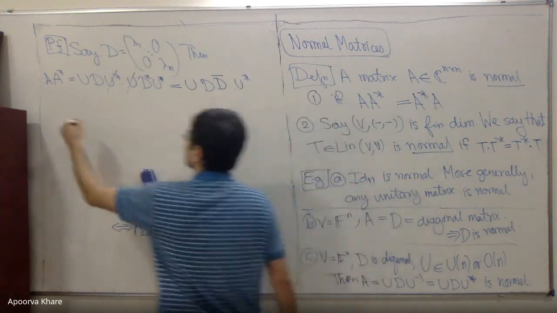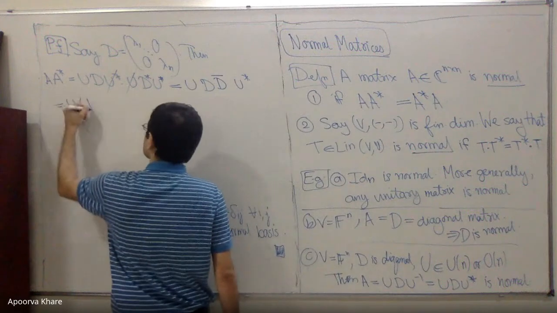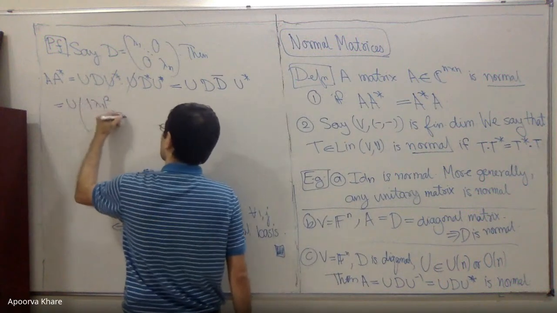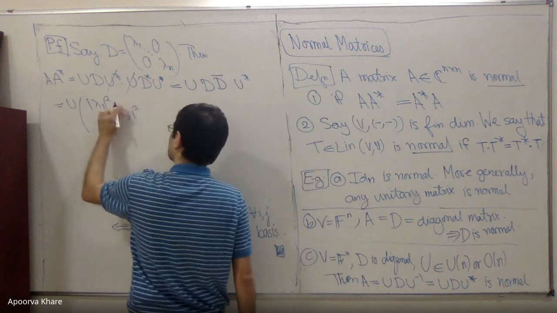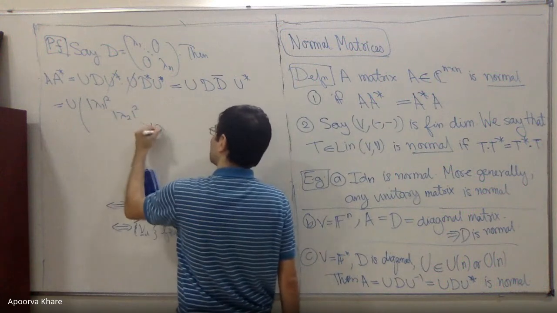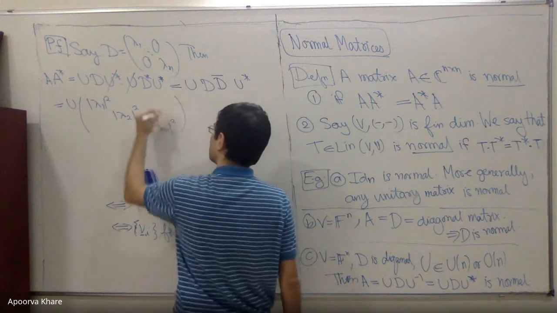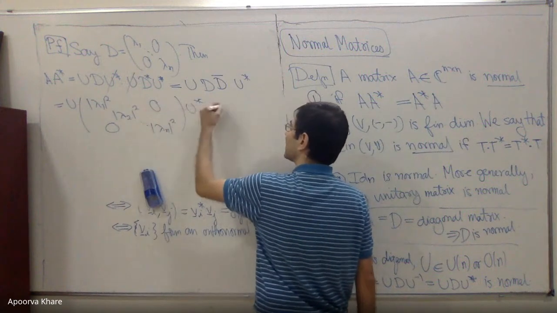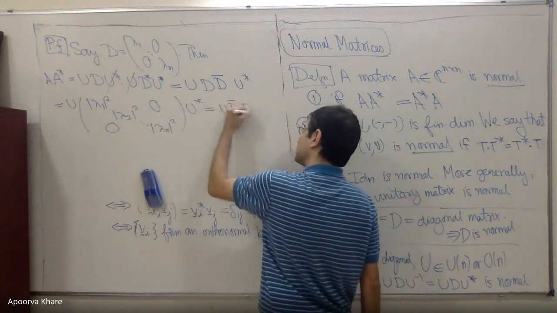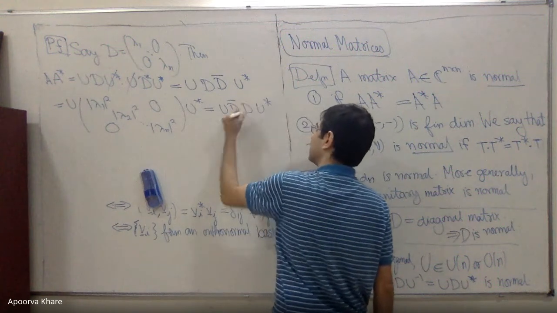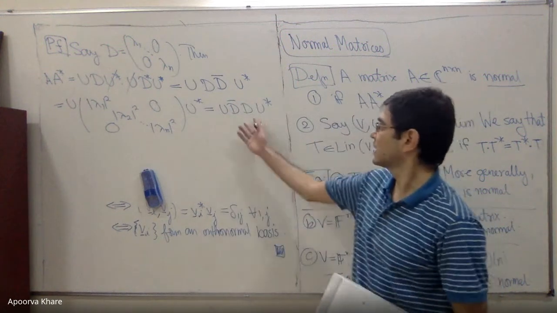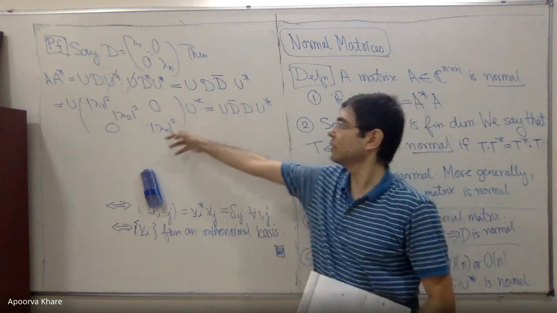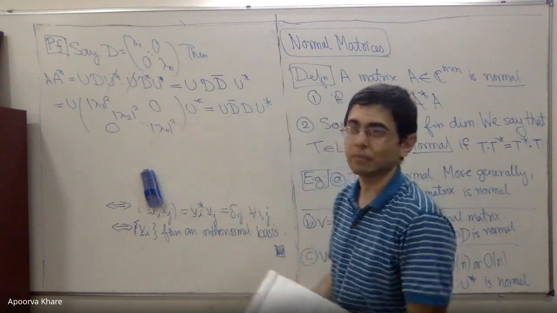But what is D D star? This is U times diag(mod lambda 1 square, mod lambda 2 square, ..., mod lambda n square) times U star. And you can check that this is exactly the same as U D bar D times U star, because for these things in between, whether you multiply this way or that way, you always get lambda times lambda bar, which is mod lambda square.